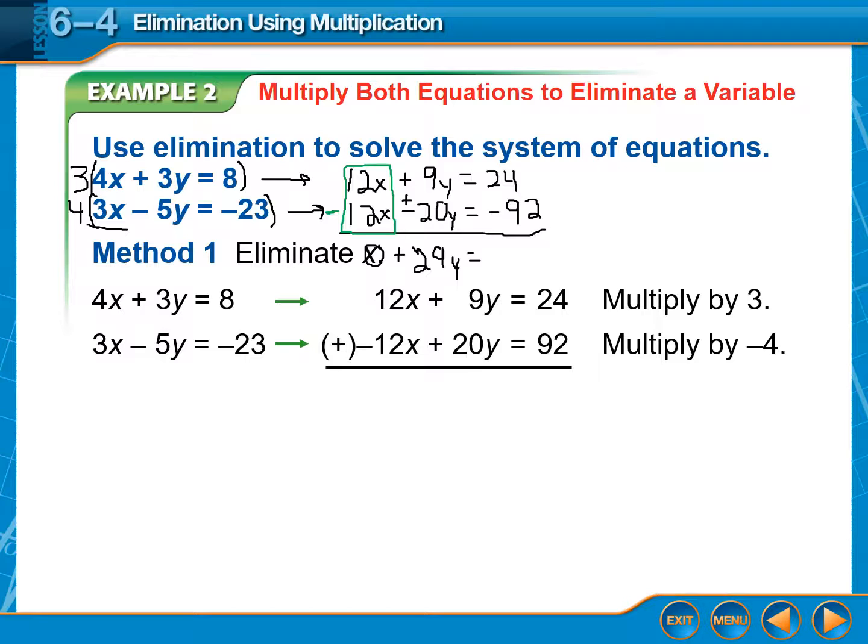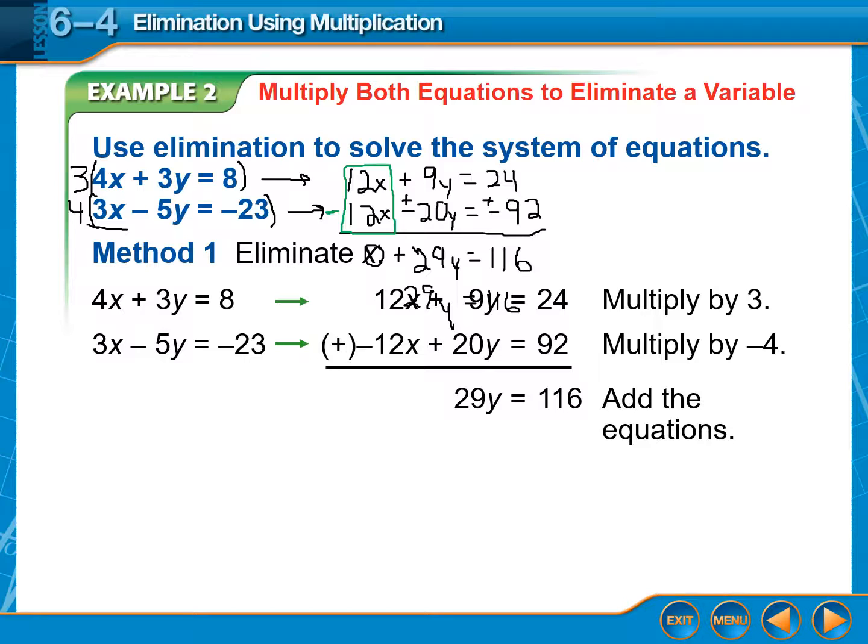And 24 minus negative 92 makes this like addition. So 24 plus 92 is 116. So my equation is 29y is equal to 116.